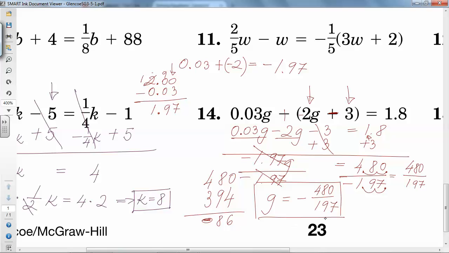So it would be 86. So if you want to write your g as a mixed number, it would be negative 2 and 86 over 197. Okay, I know it's ugly, but this is what it is, right? And let me know if I made any mistakes.